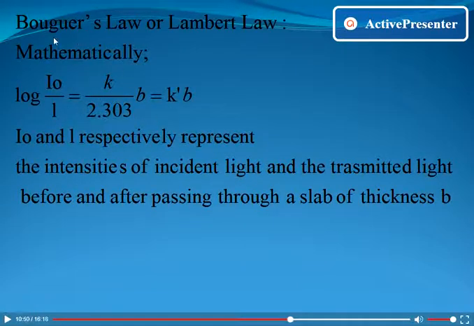So we have the law. This law can be represented mathematically as log I naught over I equals K B. I naught means the intensity before the light passes through the sample, and I is the intensity of light after passing through the sample. K is a constant of our sample, and B is the thickness.